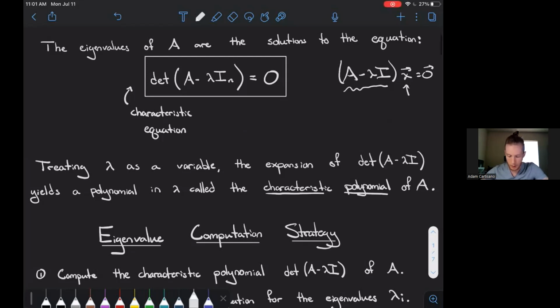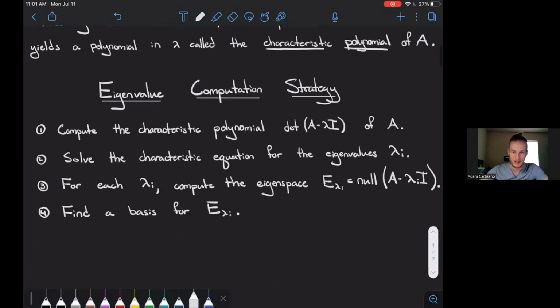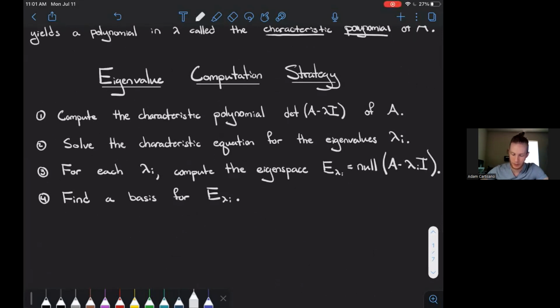Let me summarize that in a strategy. This is going to be our eigenvalue computation strategy. I have to tell you, I really enjoy this particular computation. It's really fun. The first thing we do is compute the characteristic polynomial of A. In other words, take the determinant of A minus lambda I, where lambda is treated as an indeterminate.